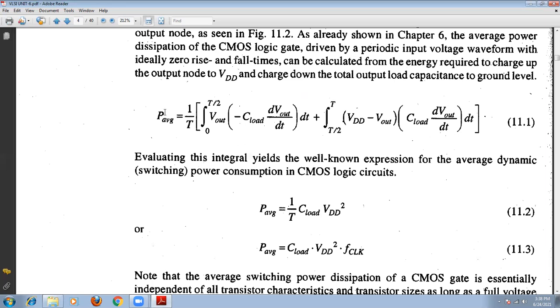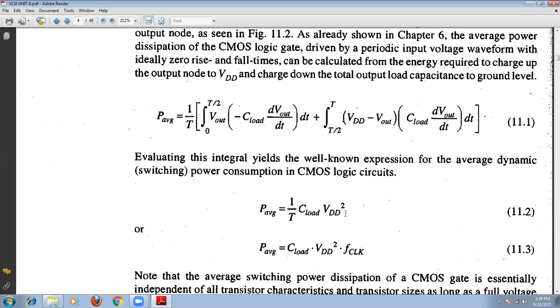So in this case, the average switching power, the power consumption in the CMOS device, is equal to 1 by T into C load into half CV square. Solving this equation, we get 1 by T into C load into VDD whole square.